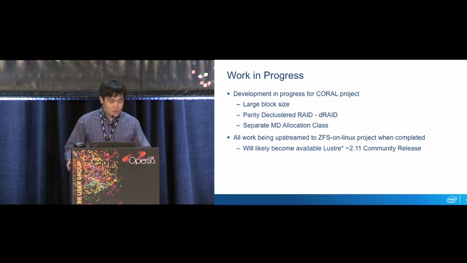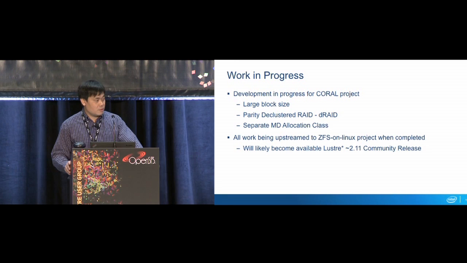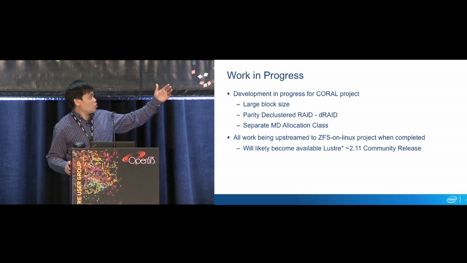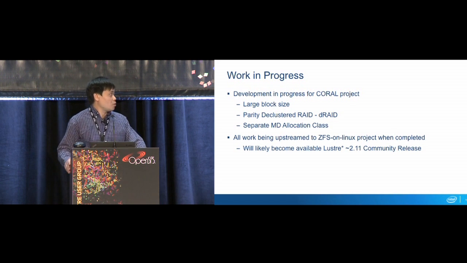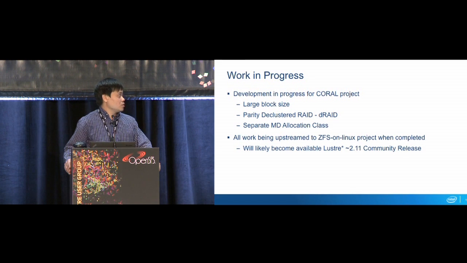Okay, so I'm going to make some proposals to boost ZFS I/O performance. These three new features are in progress at Intel for ZFS: large block size, parity declustered RAID, and a separate metadata allocation class.